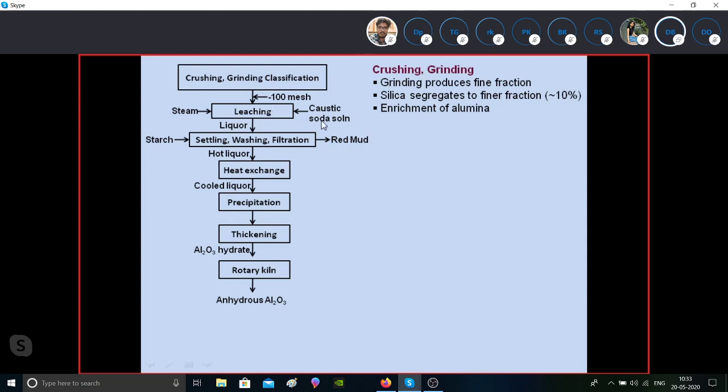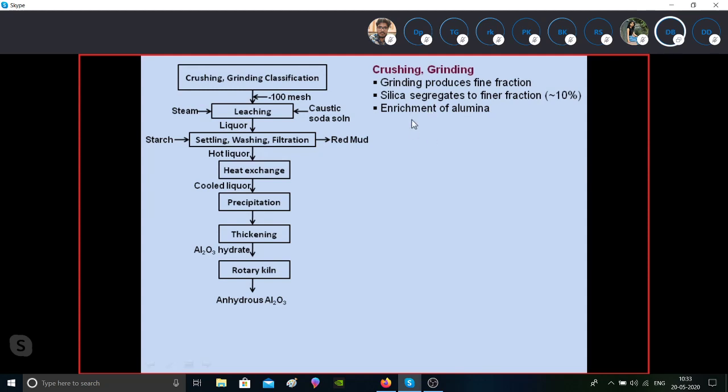After we get rid of silica in the finer fraction, the coarser fraction of enriched alumina bauxite is again crushed and ground to the required size.